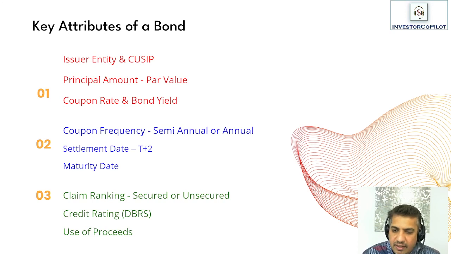Claim ranking. It's either secured or unsecured, and there are some other layers to it as well. Claim ranking just simply signifies how much of a priority claim you have on your funds in case an issuer is not able to pay back all their investors in full. Credit rating.